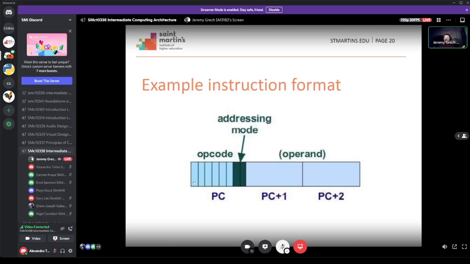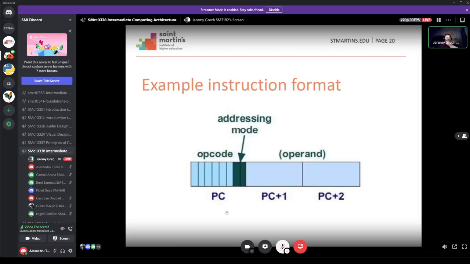However, our instruction is not just our opcode and our addressing mode. It also needs to include the operands sometimes. So if I have an instruction which also has an operand, then in order for me to point to the next instruction, I need to refer to 3 bytes away from the current program counter pointer. That's all I'm saying.